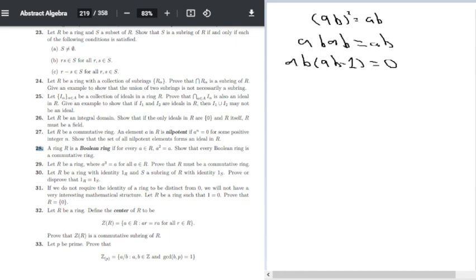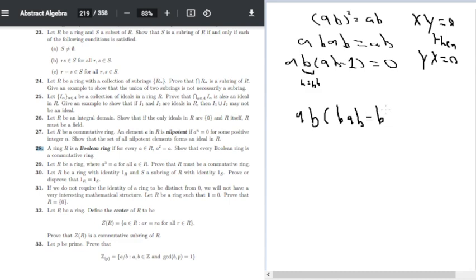Sorry, so let's proceed with the case that if xy is equal to 0, then we'll just have this as a lemma. Then yx is equal to 0. So first of all, we can take ab, multiply it by b to get b squared, and distribute it to get ab times b, bab minus b.